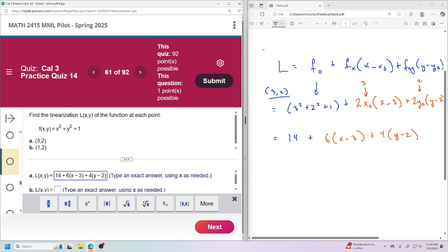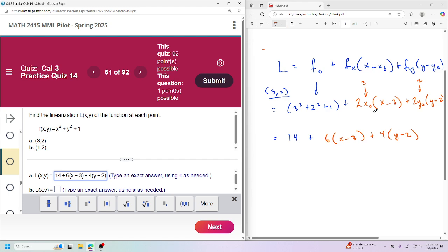Are you good with the concept? Okay. Cool. You're good with the derivatives we did, the f sub x and f sub y? I'm just making sure. I mean, are you cool with how I'm plugging it in? It's not x technically, it's a number.